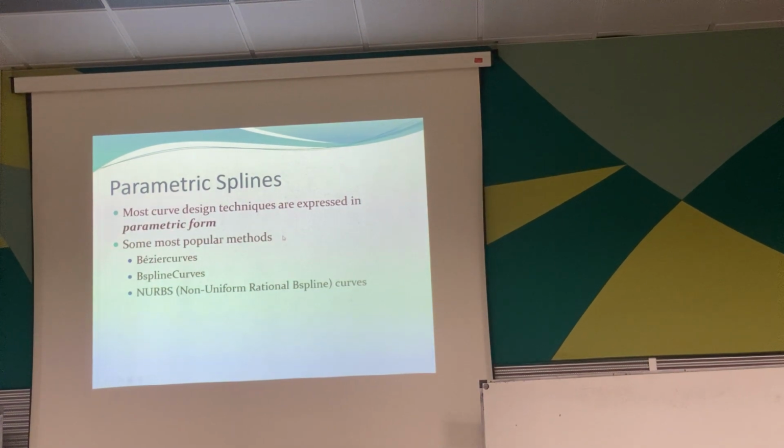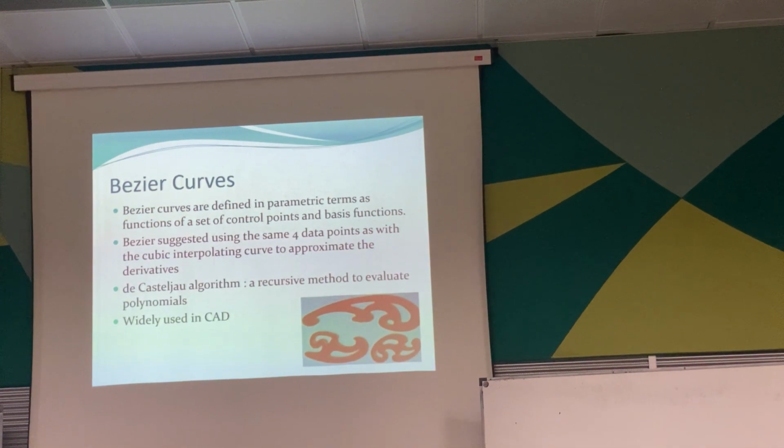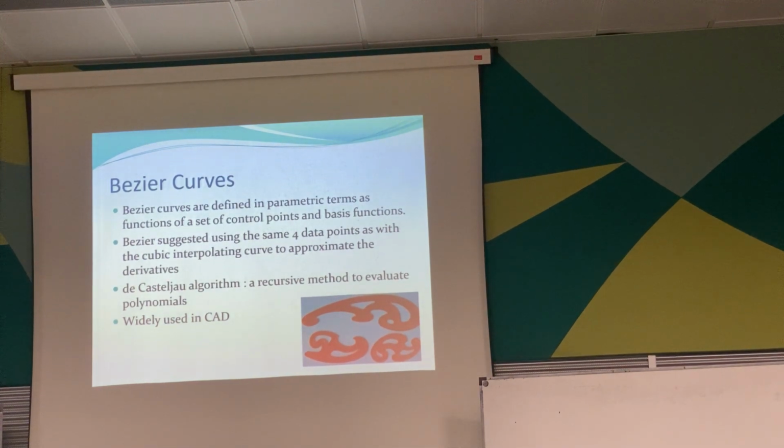Okay, we will see what a Bezier curve is first. A Bezier curve is also defined in parametric form. It also uses polynomial functions to connect all these control points. Bezier is a person's name. He created this curve technique.